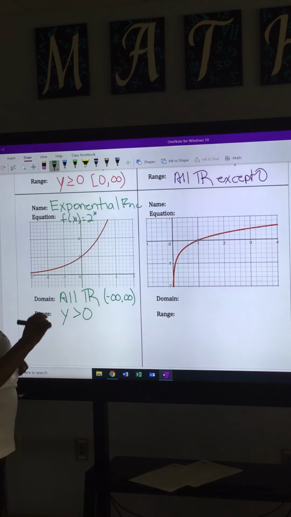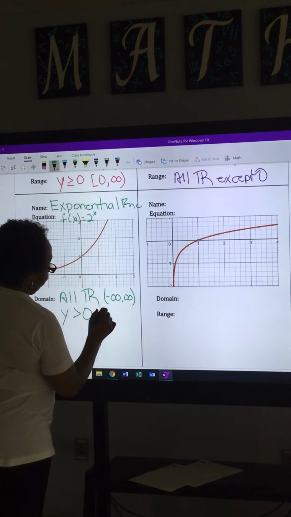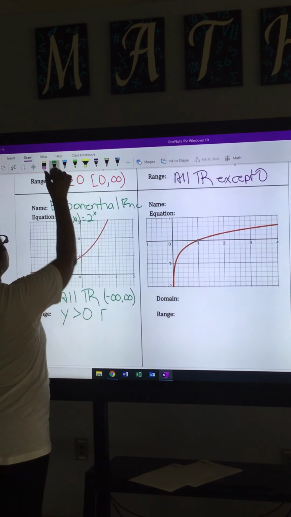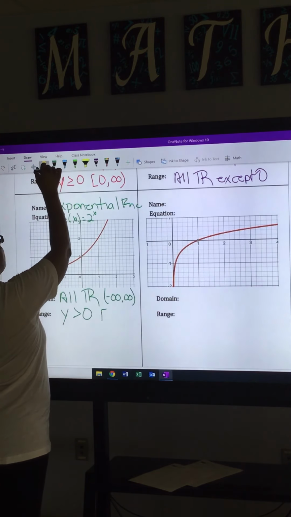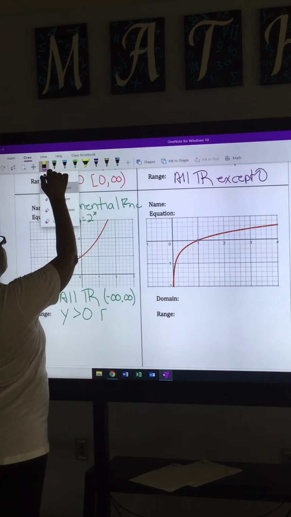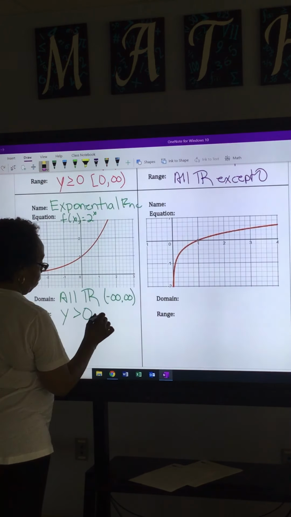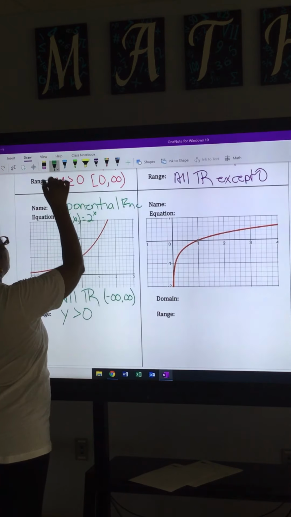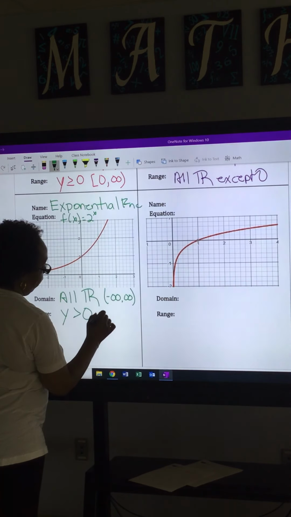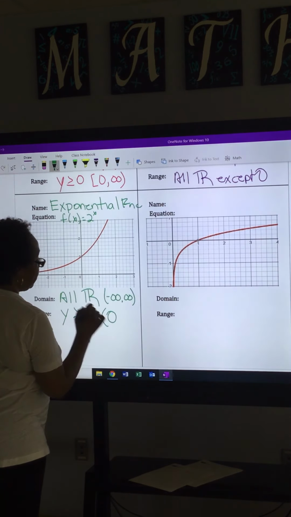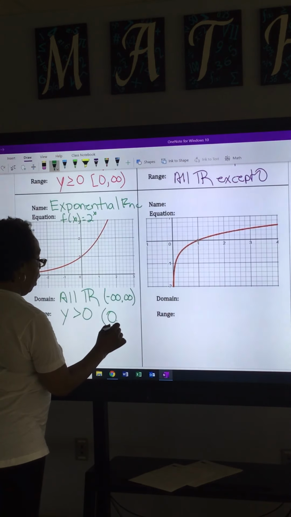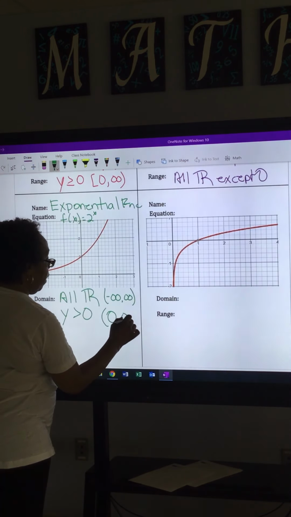So if we wrote that in interval notation, we would have a parentheses 0, because it doesn't include the 0, and it would go to positive infinity.